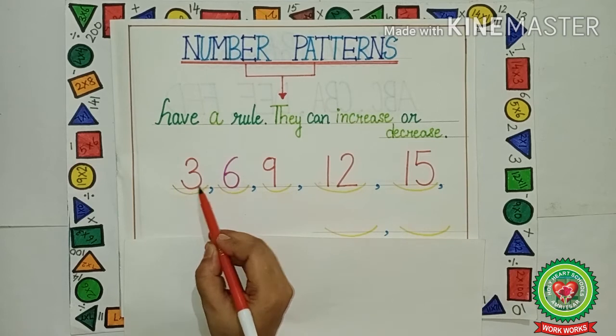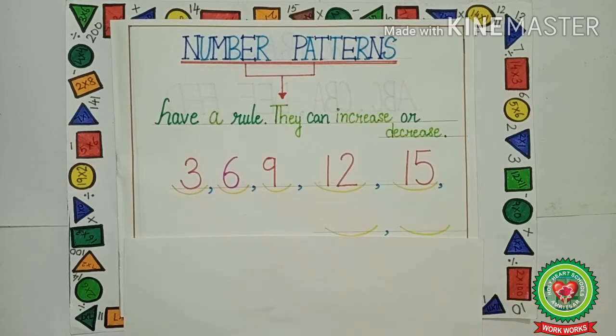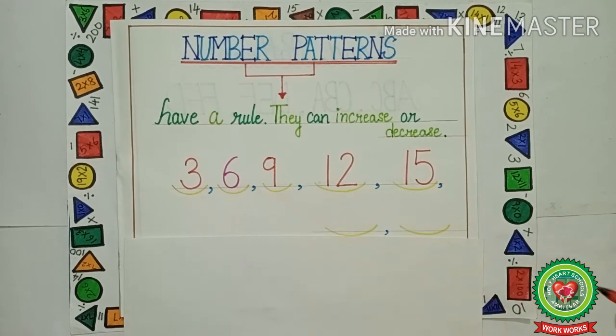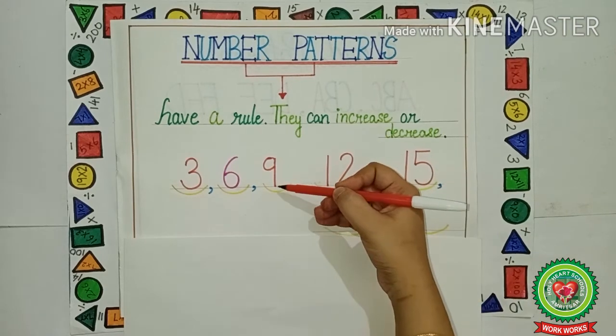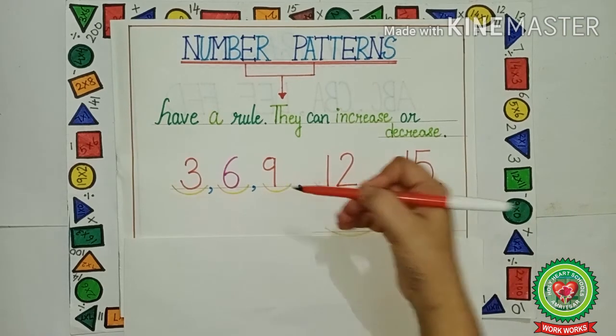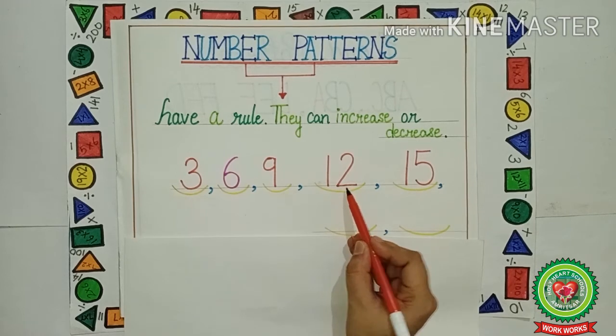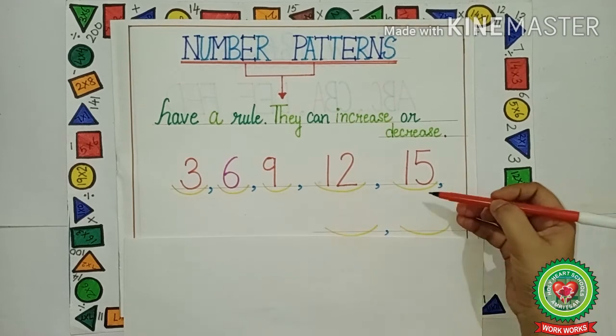Like 3 plus 3 is 6. Now 6 plus 3 is 9. Now 9 plus 3 is 12. 12 plus 3 is 15.